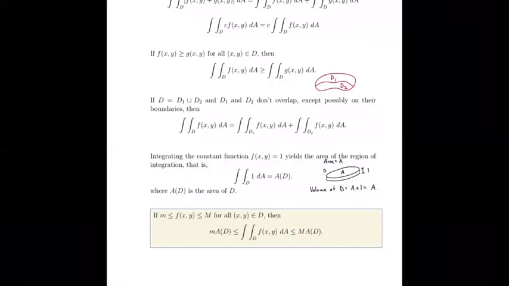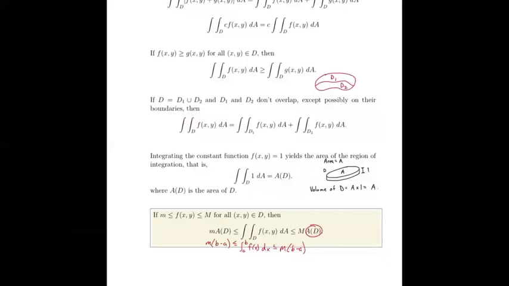It is very much the analog of m times b minus a is less than or equal to the integral from a to b of f of x dx, less than or equal to capital M times b minus a, for a function of a single variable. b minus a is the measurement of the interval. In this case, A of D is the measurement of the region D. It's the area of it. There we measure the length of an interval; here we measure the area of a region.